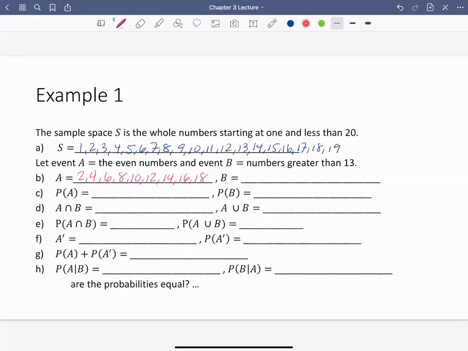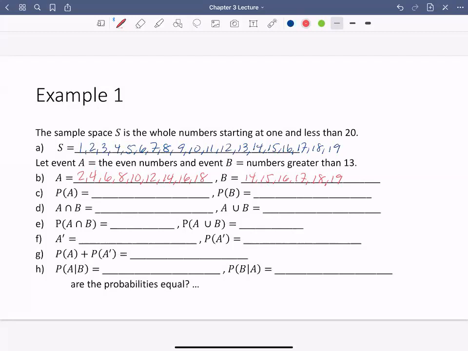Then B, the sample space of B, numbers greater than 13. Well, we don't count 13, we go bigger, so it's 14, 15, 16, 17, 18, and 19. Now notice how, again, it just has the capital letters. That just means that we're trying to look for that sample space of that event. So what are the outcomes of that event?